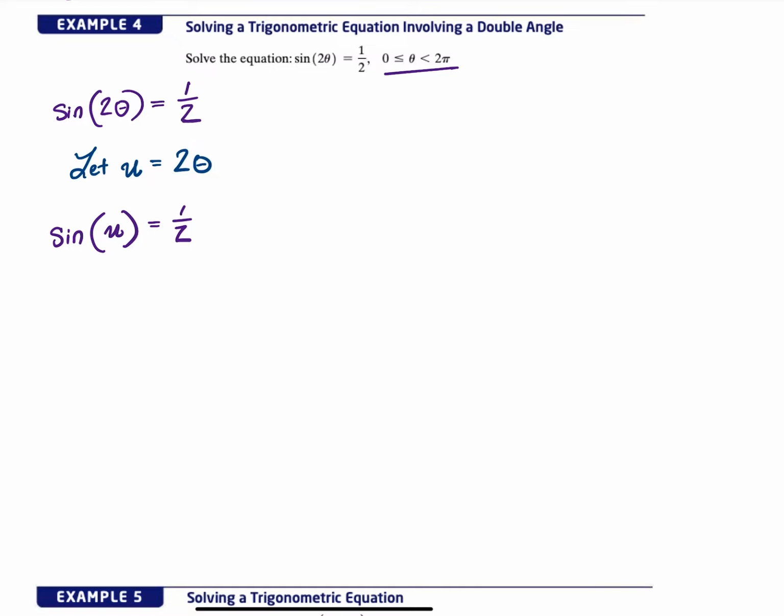Well, imagine the unit circle. The sine is positive 1/2 at pi over 6. This has the coordinate point root 3 over 2, 1/2. And then also over here in the second quadrant at 5 pi over 6.